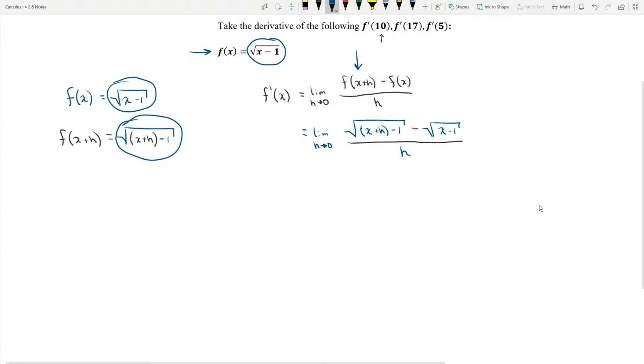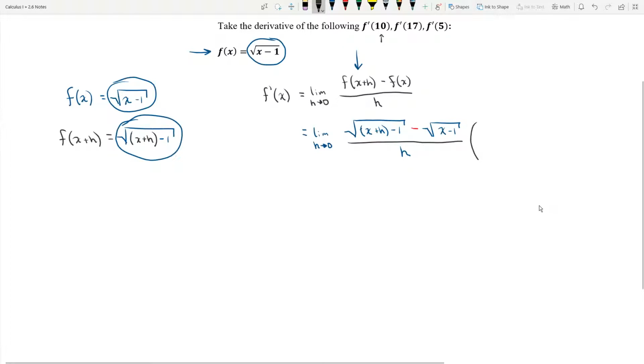So at this point, we have it set up, and we need to find a way to eliminate our problem, h, in the denominator. There's not much we can do with the denominator. There's no way to really manipulate this using the denominator, but we do have a way to manipulate the numerator, and that is using what's called the conjugate.